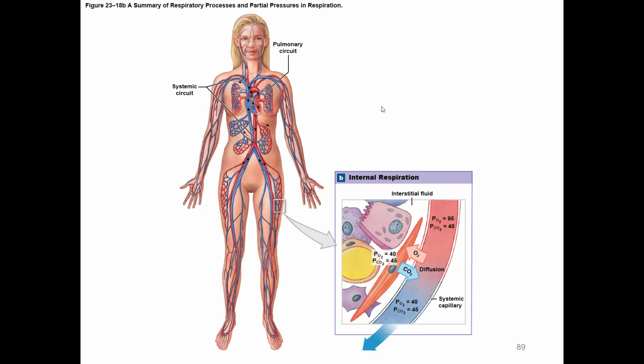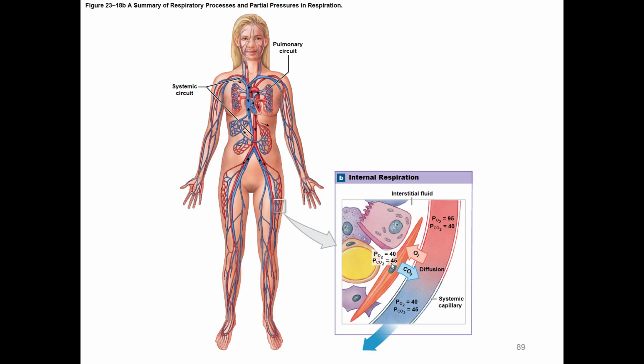Now the other part, internal respiration. Once we bring that oxygenated blood to our tissues, which are represented by these cells, we compare the partial pressure of oxygen, which is 95, to the partial pressure of oxygen in the cells or tissues, which is 40. According to diffusion, we go from high to low, so oxygen will flow into the tissues, making them very happy.